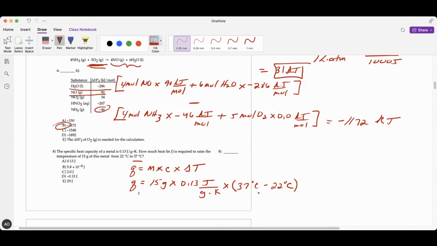Remember, degrees Celsius will be the same as the Kelvin units because it's a temperature difference.